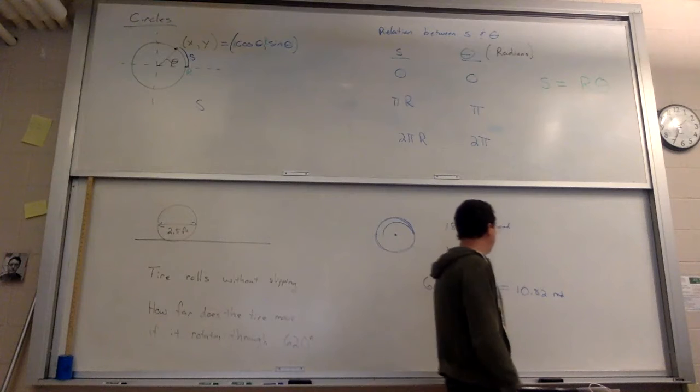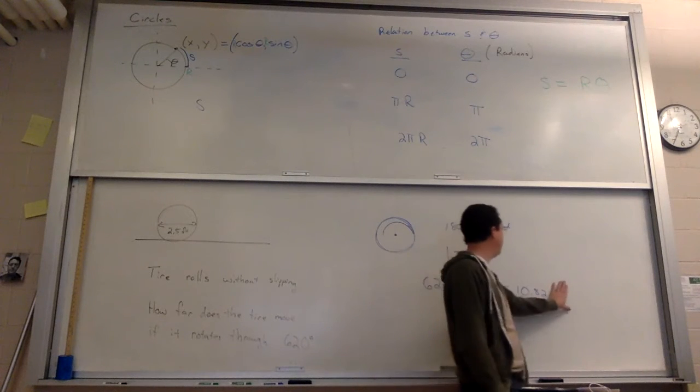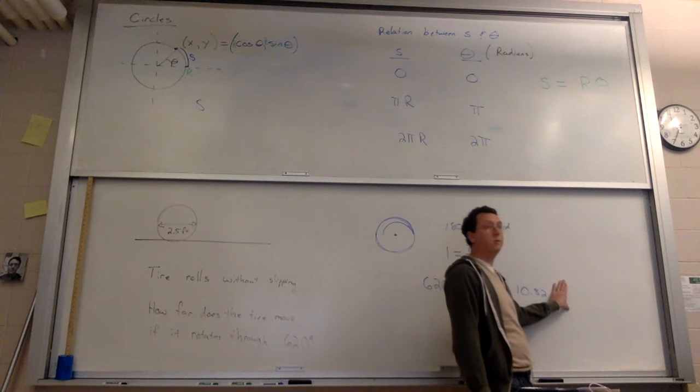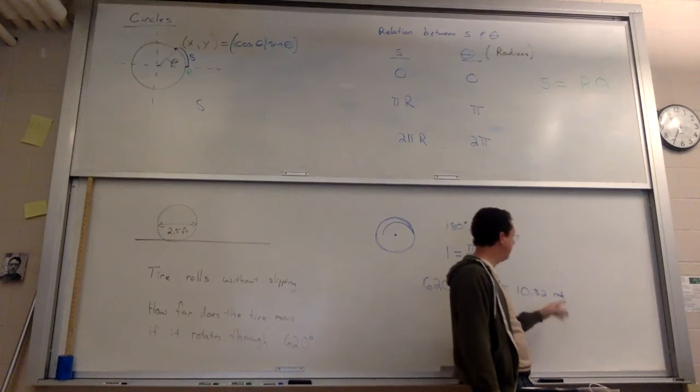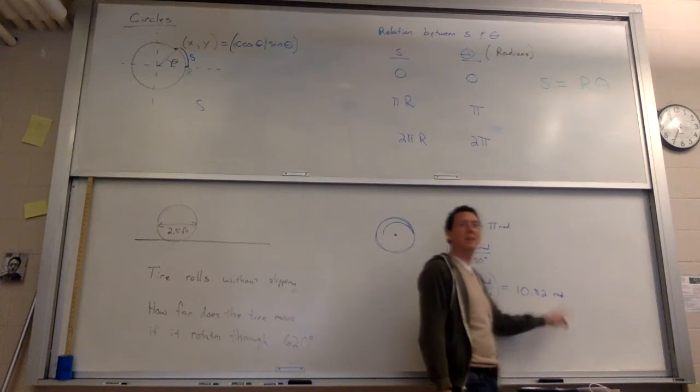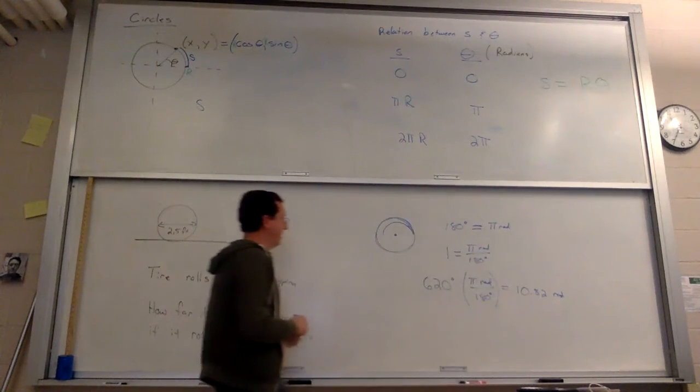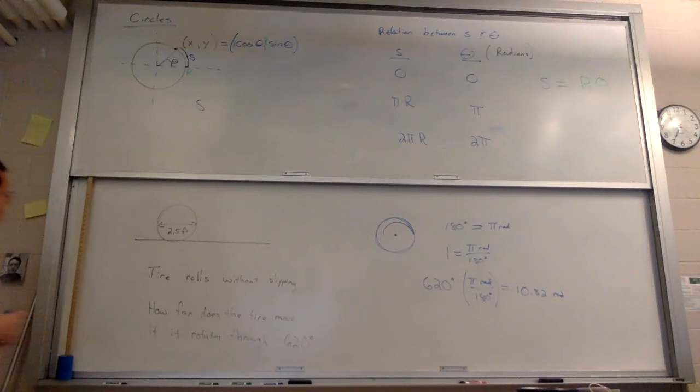You would not be wrong if you just left it as 10.82 with no label, but just because it makes me feel good, I label that. How many people were able to get that on their own?